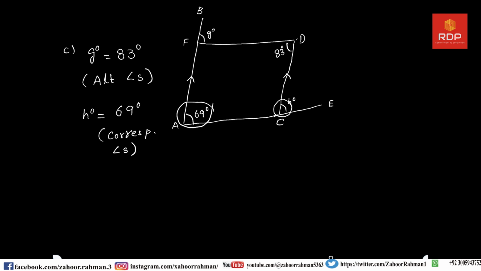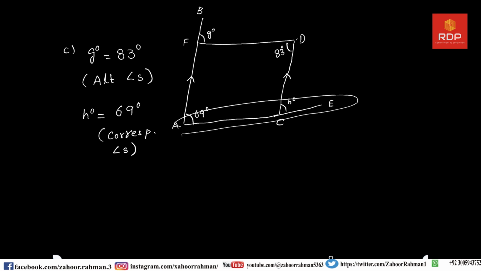This is given as what? This is given as two parallel lines. One is AB, which is this line, and then C and D. Those two lines are parallel.